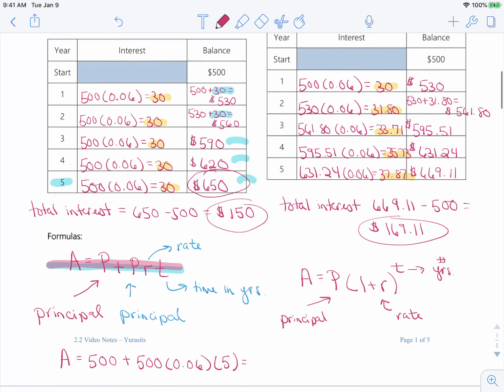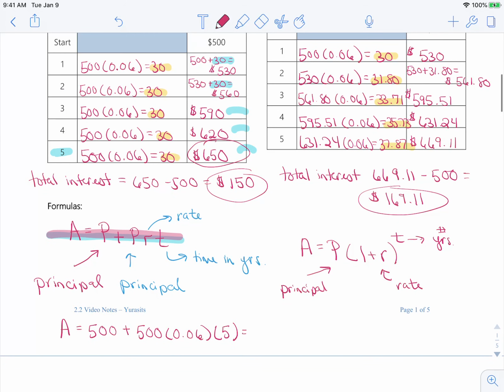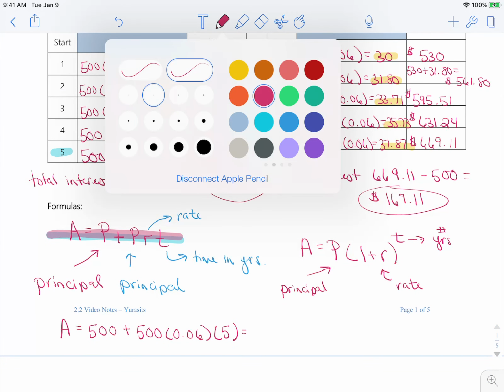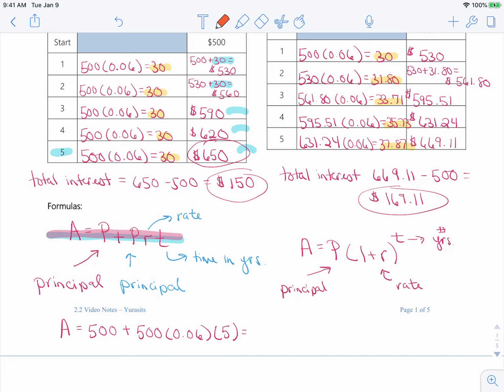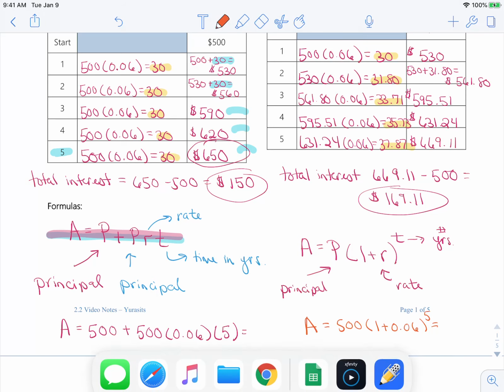All right, let's see if this makes sense to us. Let me go ahead and change colors. I have this A, and my principal is $500. I multiply it by 1 plus my rate, which is 0.06, and I raise it to 5 years. So let's go ahead.